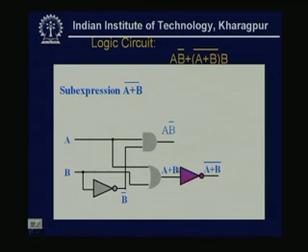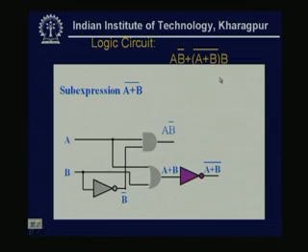So, simply, I will put one NOT gate, with A plus B directly applied as the input of a NOT gate or an inverter, and then the output will be A plus B complement.